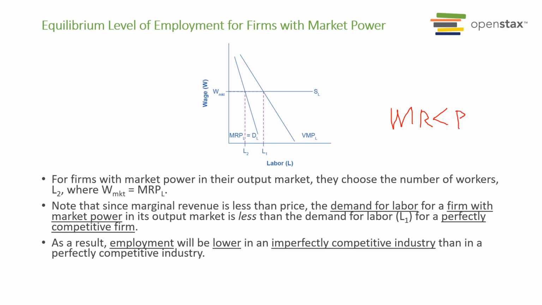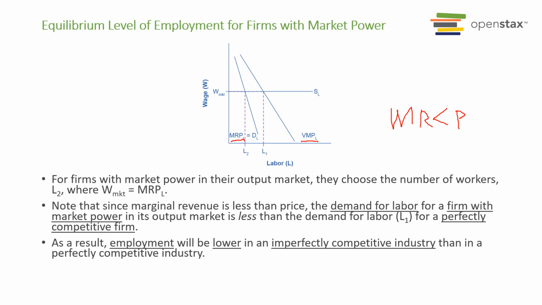for perfect competition, you're going to see a VMPL curve that's to the outside of the VMPL curve represented by a monopoly company. Because in a monopoly market, the marginal revenue is less than the marginal revenue in perfect competition. So in a perfectly competitive market, not only do the consumers benefit, but the workers benefit as well.